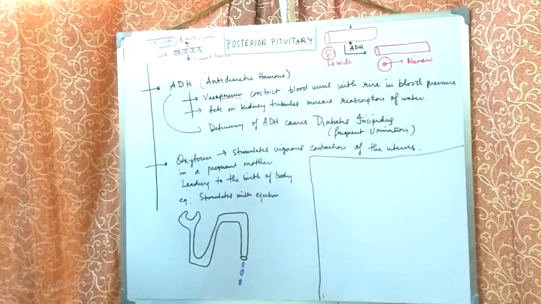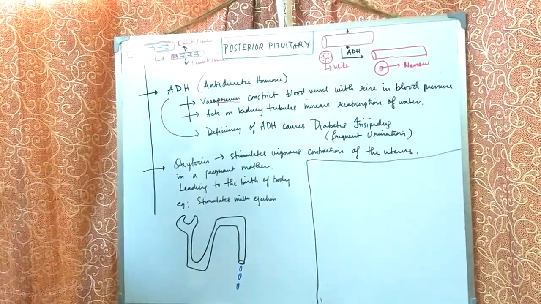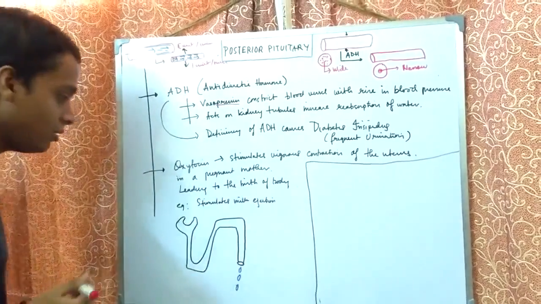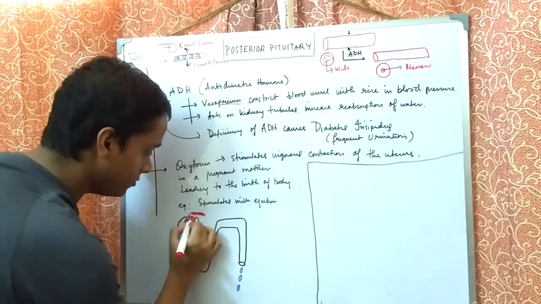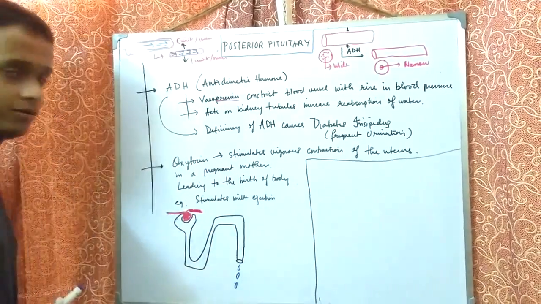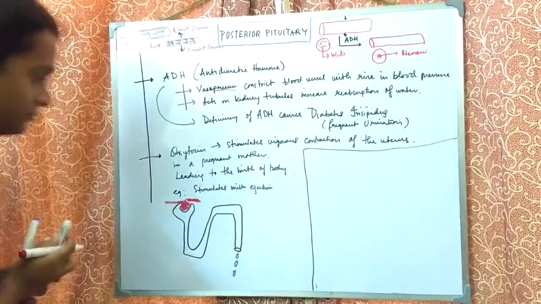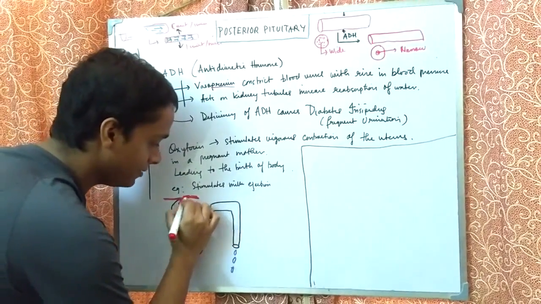So this is Bowman's capsule and all these things, the efferent arteriole and then the afferent arteriole. A little better diagram, I hope.